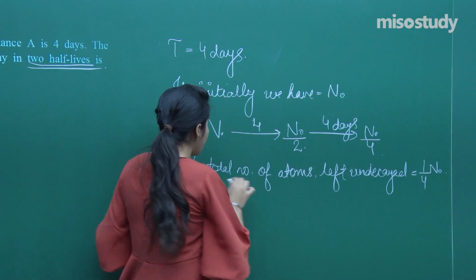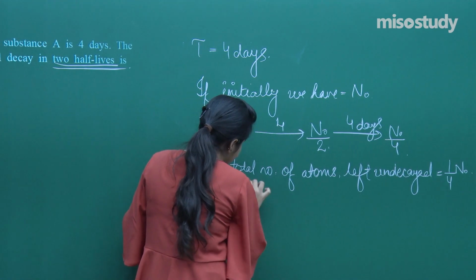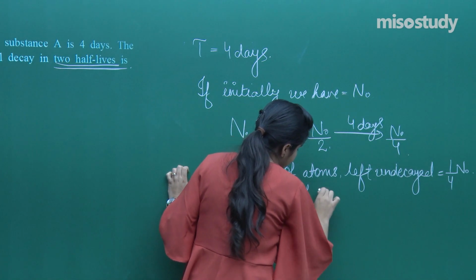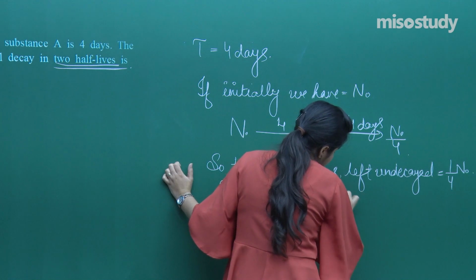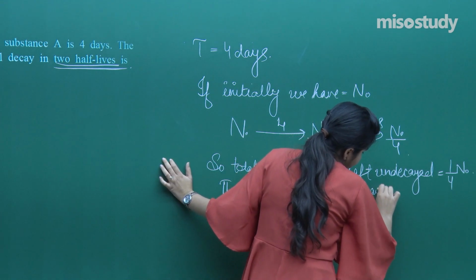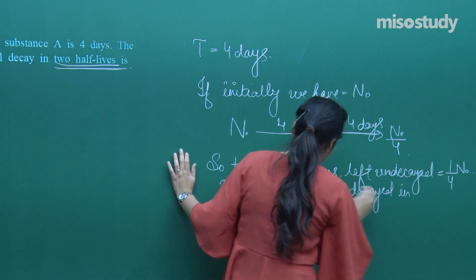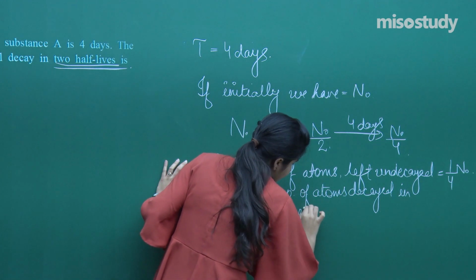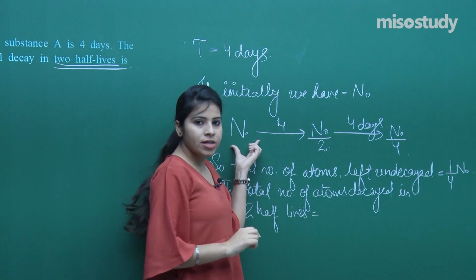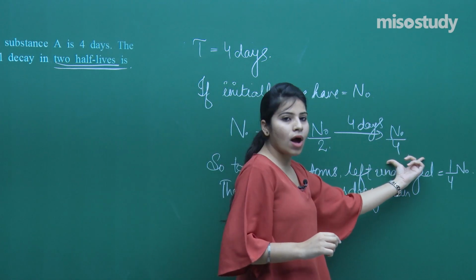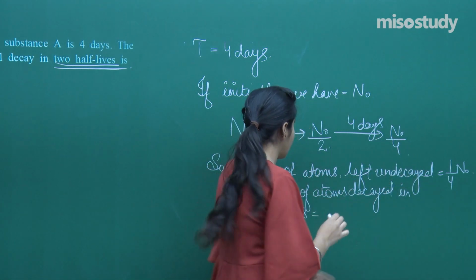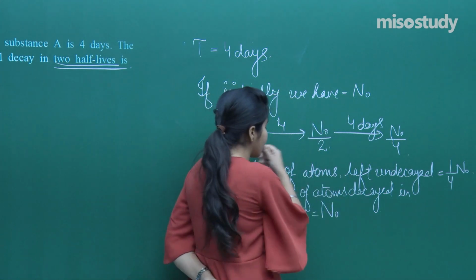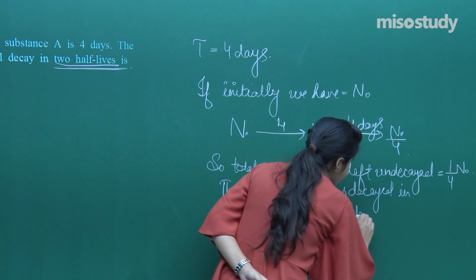Now if I speak about the atoms that are decayed in the 2 half-lives, initially it was n-naught and after the 2 half-lives it has become n-naught by 4. So your total number of atoms that has decayed will be n-naught minus n-naught by 4.